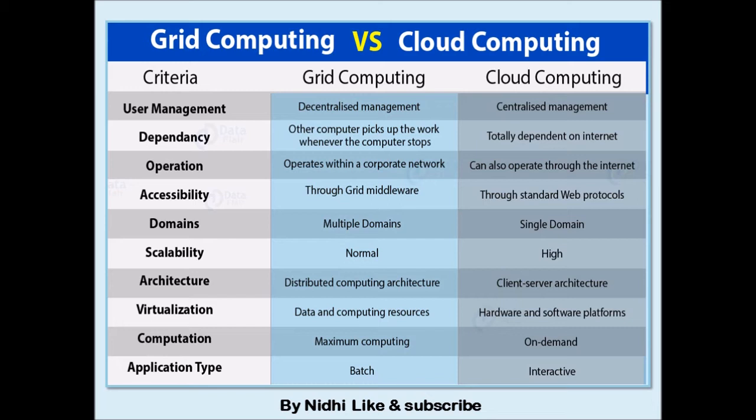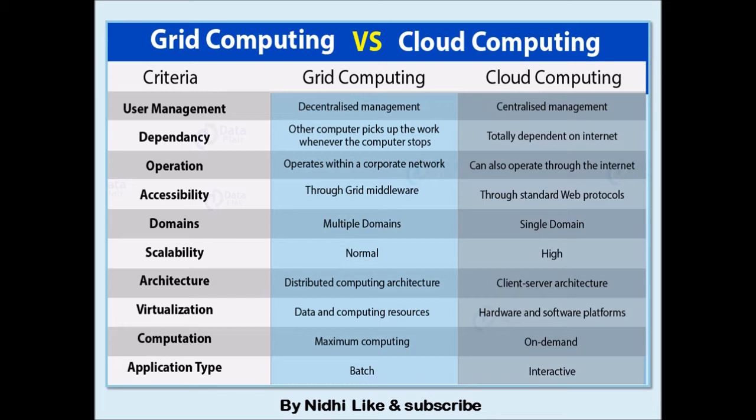Okay. The second point is dependency. In case of grid computing, other computers pick up the work whenever a computer stops. But in case of cloud computing, they are totally dependent on the internet. Okay. The third point is operation.